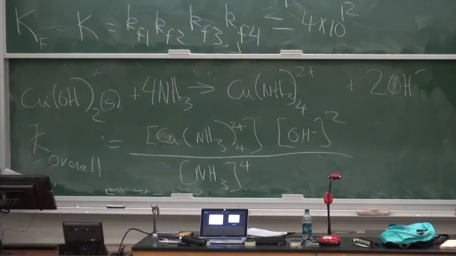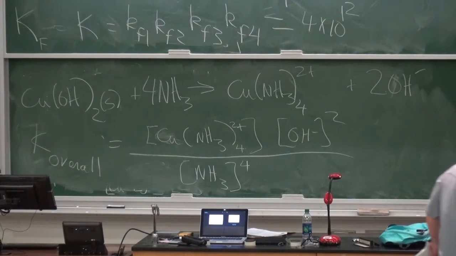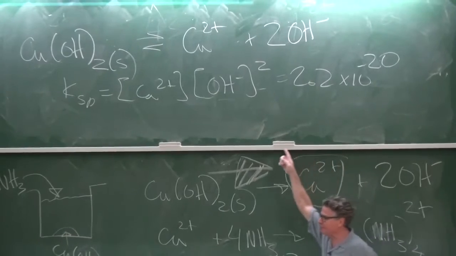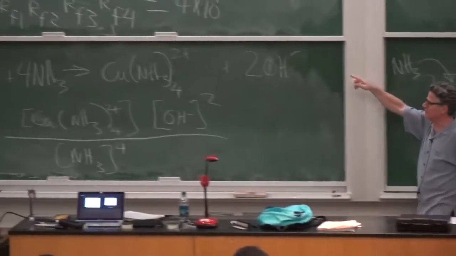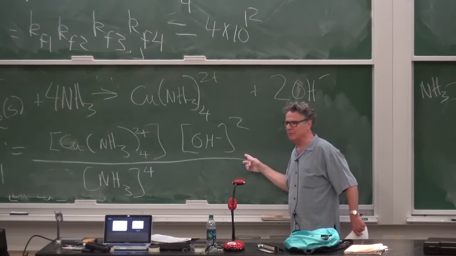Okay, so now this is the equilibrium. Before we added any ammonia, this was our equilibrium constant. After we added the ammonia, effectively we changed the reaction, and this is our equilibrium constant.